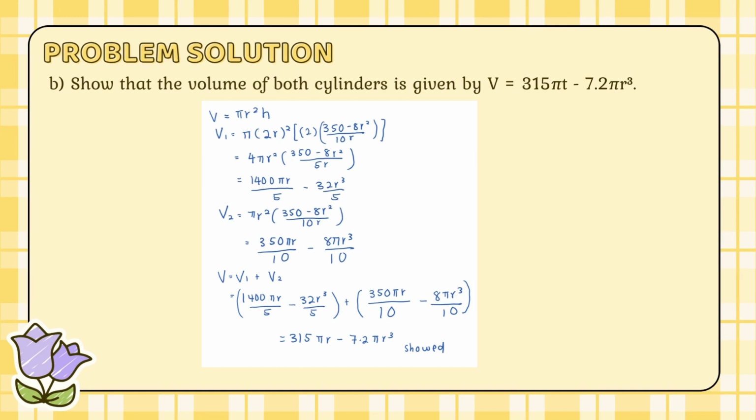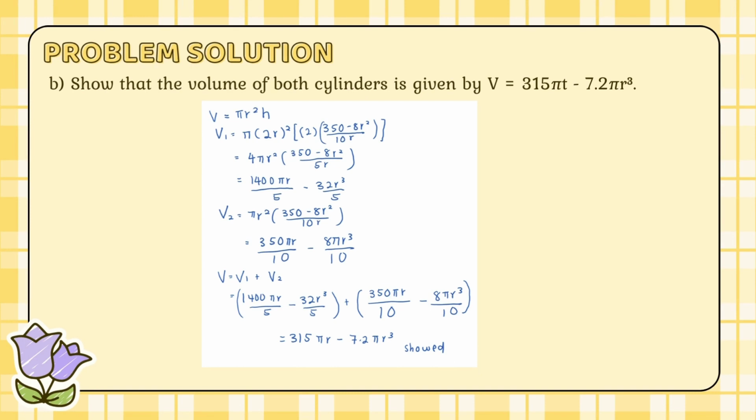From the figure shown, we can consider the biggest cylinder as V1, meanwhile the smallest one as V2. So we calculate the first volume, which is pi multiplied with the radius, which is 2r square, and for the height, which is 2 multiplied with (350 minus 8r square) over 10r.